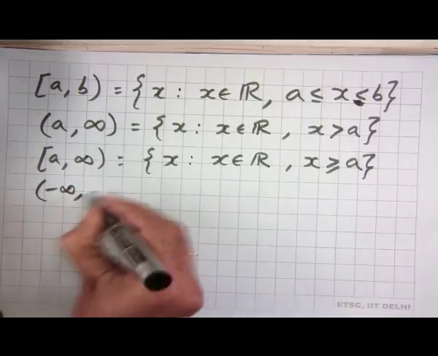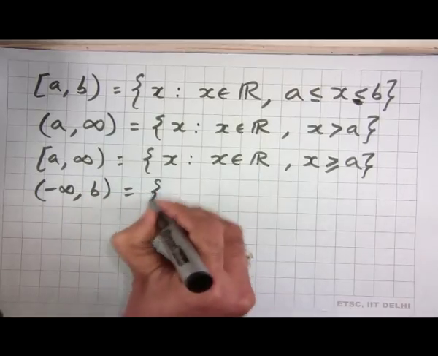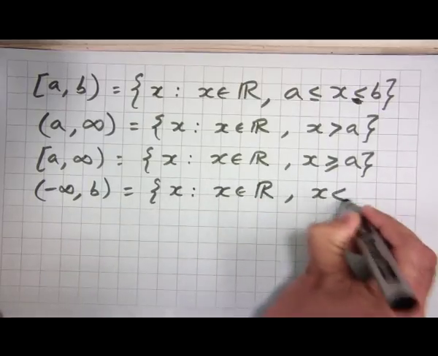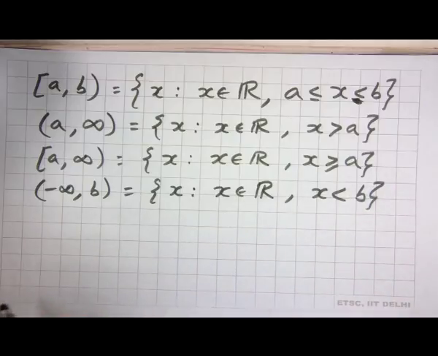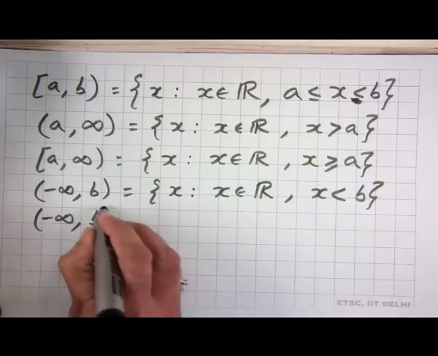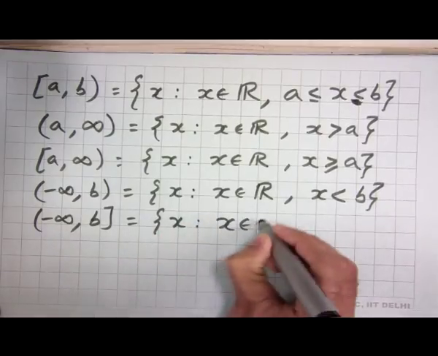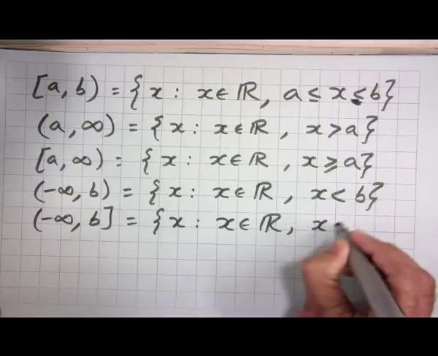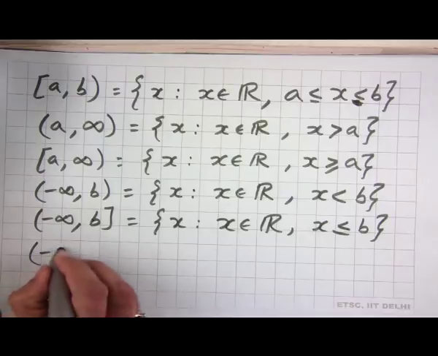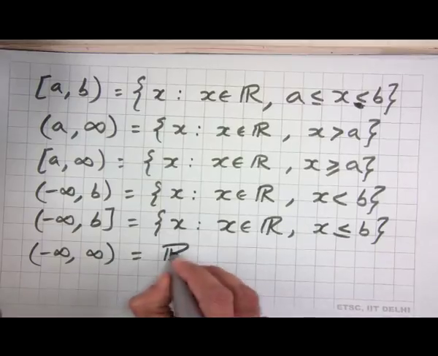(Minus infinity, b) means all x such that x is less than b. (Minus infinity, b] will mean all x such that x is a real number and x is less than or equal to b. And we use (minus infinity, infinity) to denote the set of all real numbers.